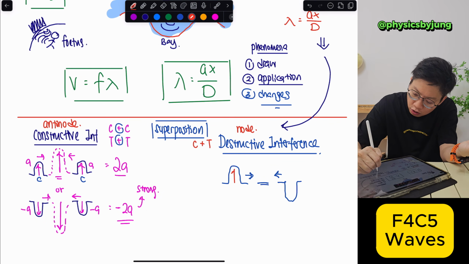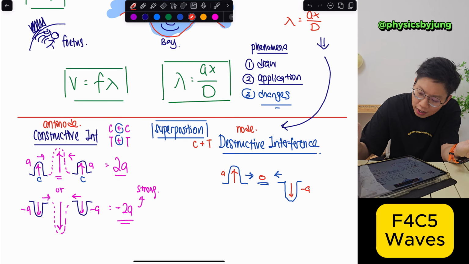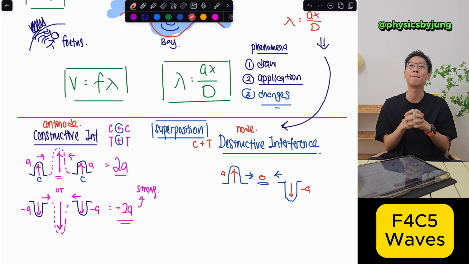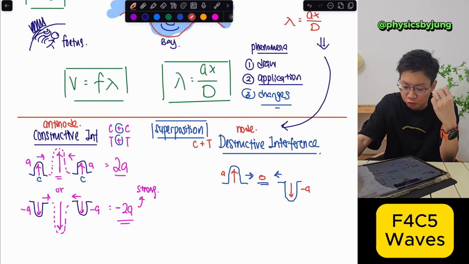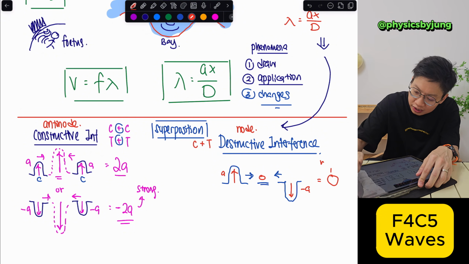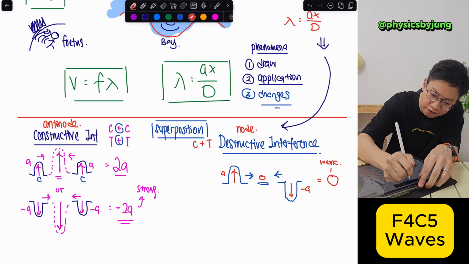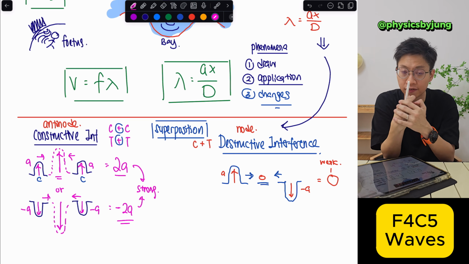How small? If this is A and this is negative A, you will end up with zero amplitude. Why? Because 1 plus negative 1 gives 0. So you end up with zero amplitude, which is usually a weaker wave, and 2A and negative 2A are stronger waves.